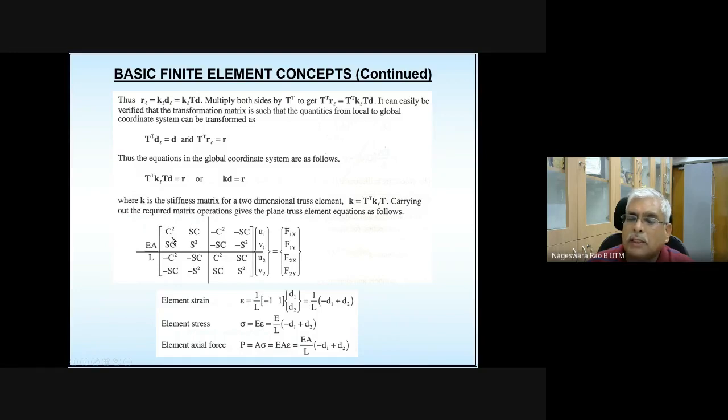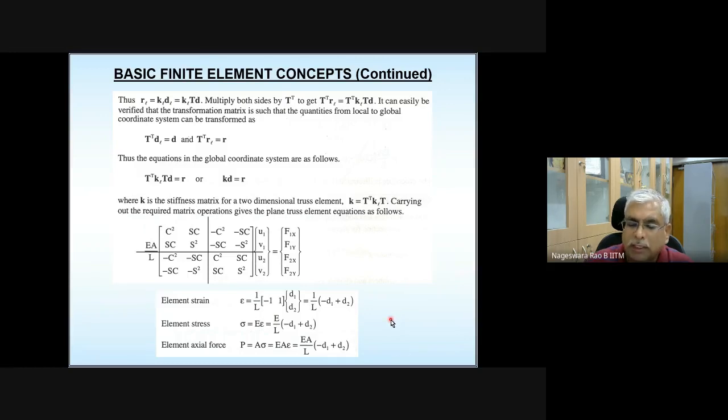If you remember this top corner, you can write the entire matrix. Whatever is in the top corner, you copy here. And whatever you copied here, you copy to this side with a negative sign, and copy the same thing to here. So that is how you can remember this matrix very easily. If you remember this portion, that is enough.